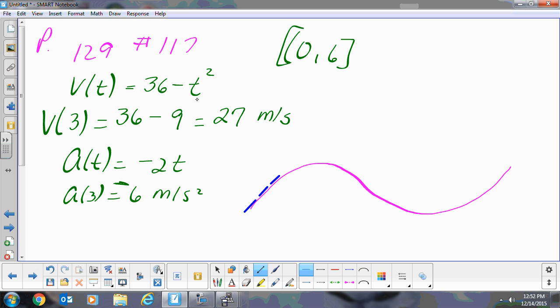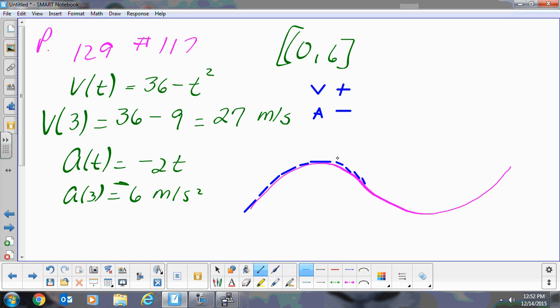In other words, the velocity is positive. Yes? But what can you tell me about the velocity? Is it getting bigger or is it getting smaller? So what can you tell me about the acceleration then? That it is negative. It's opposite in sign. Correct? And what are we doing? Slowing down.